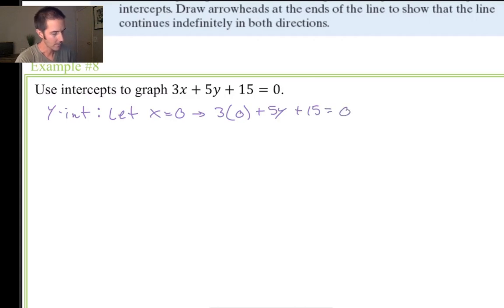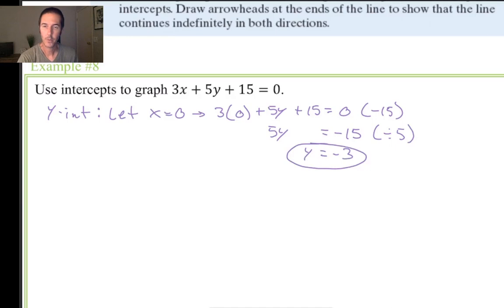And then let's solve for y. 5y equals negative 15. I subtracted 15 from both sides, and then I'm going to divide both sides by 5 to get a y value of negative 3. And there's your y-intercept. That wasn't so bad.